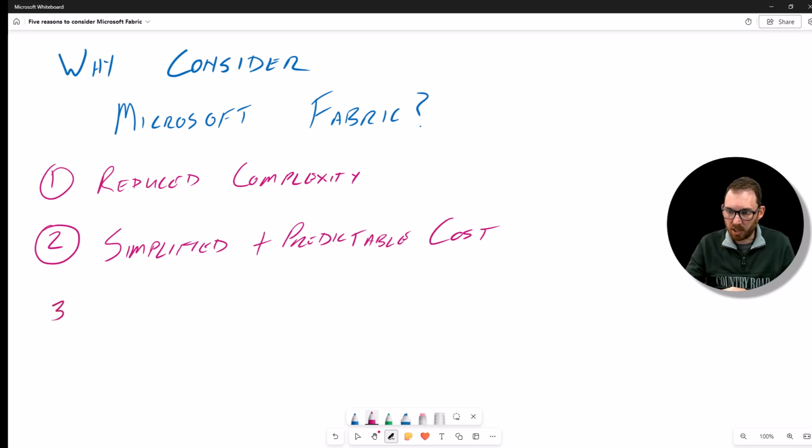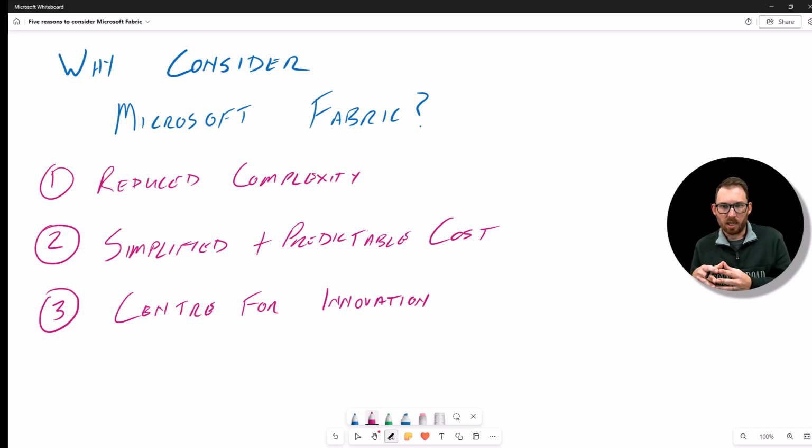This is the third reason, and this is a bit more inferred than anything else. If we think about what Microsoft has done in the past around their products, they put attention into it. Power BI itself is a really good example, but Fabric now also is the center of gravity for innovation.